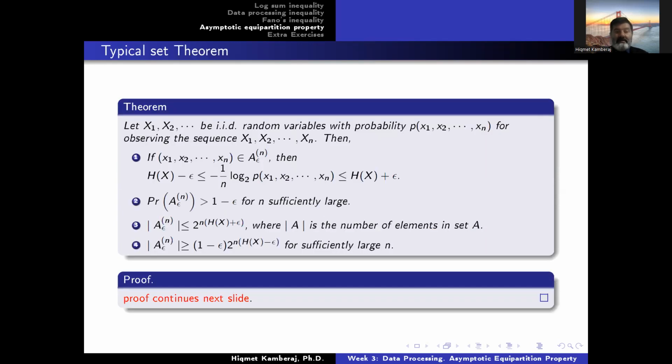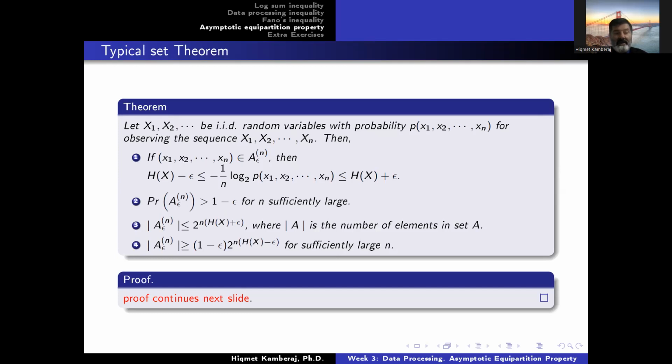Next, we introduce the so-called typical set theorem. We consider x1, x2, and so on to be some IID random variables with joint probability mass function p of x1, x2, xn for observing the sequence of random variables x1, x2, xn.